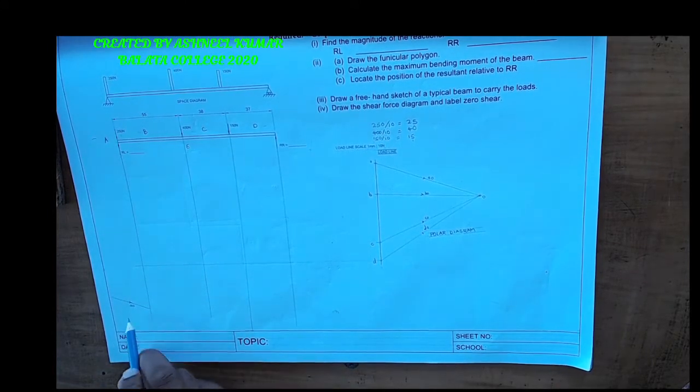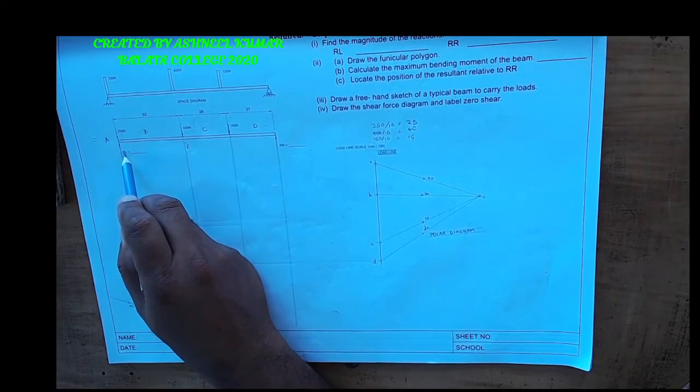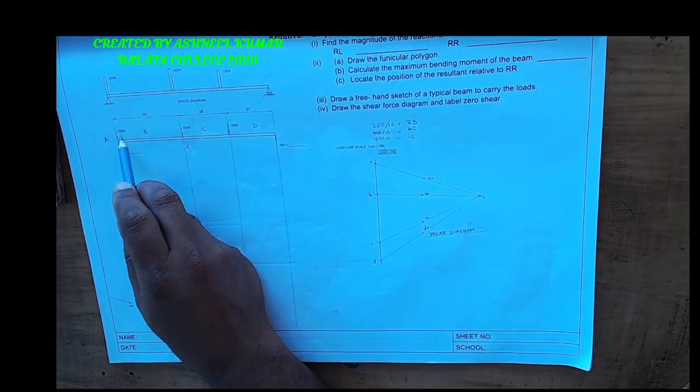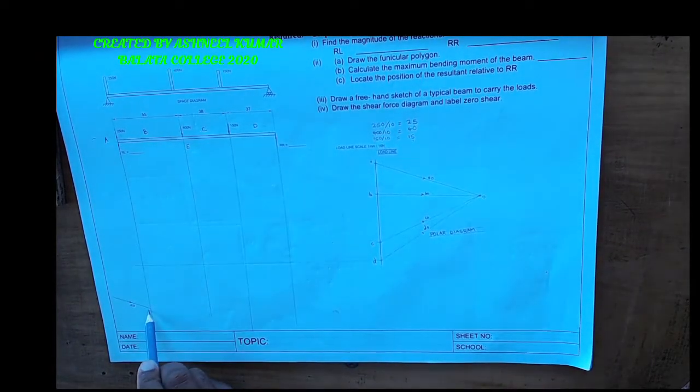Why did I put my A here? Because according to the Bow's notation, my A is from RL to 250 newtons, and that falls outside, so my A0 will be outside.